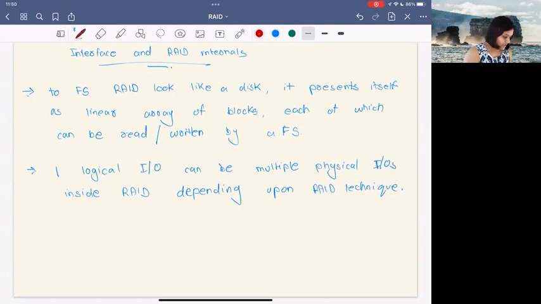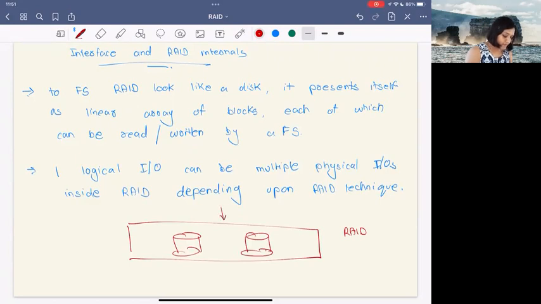That makes us visualize the RAID box as something that has multiple disks inside it. The file system performs a logical IO onto this. Now this logical IO can be translated to multiple physical IOs inside. So one logical IO may lead to two physical IOs if we have two disks.